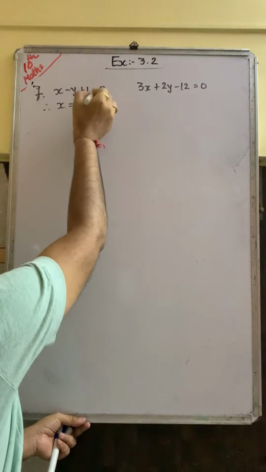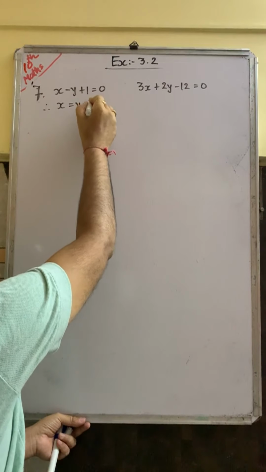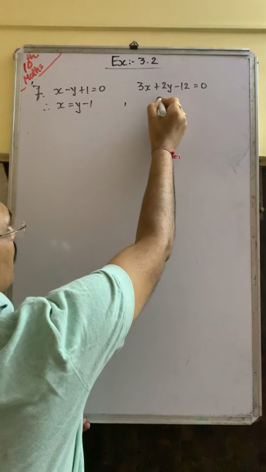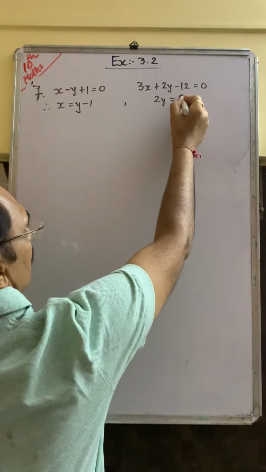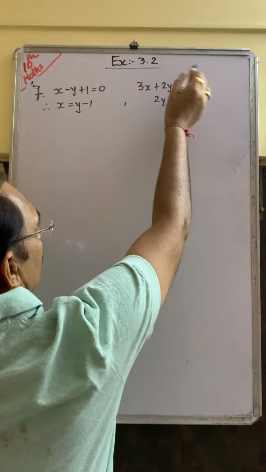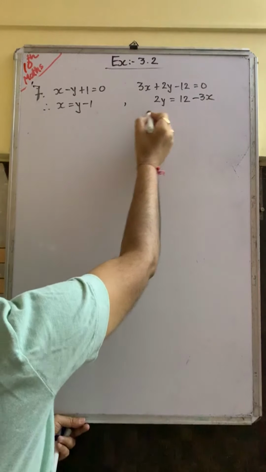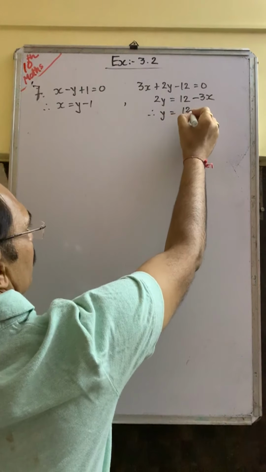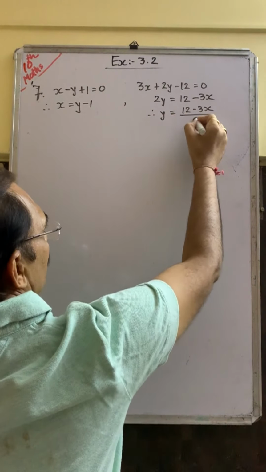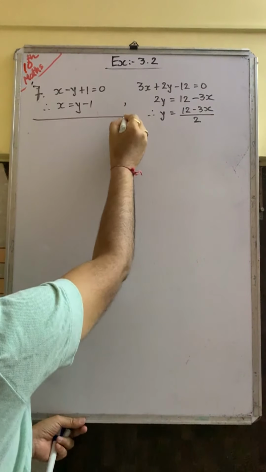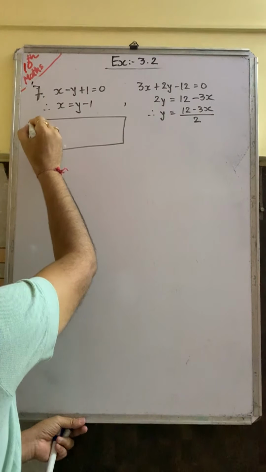See, first x equals minus y, move to the side, plus y, plus 1, move to the side, minus 1. I keep 2y as it is, minus 12 move this side plus 12, and plus 3x move this side minus 3x. So this is y equals 12 minus 3x divided by 2. Now draw the table for both equations.